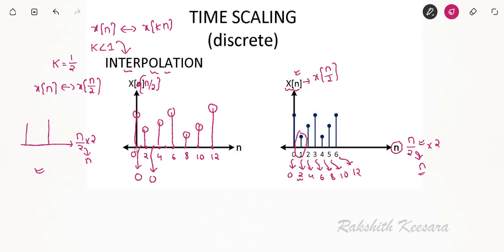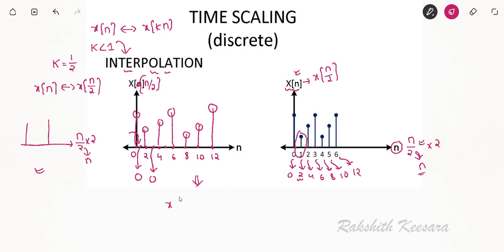Indirectly, what we are doing is inserting a 0 between two samples. Between 0 and 1, we are inserting a 0. Between 1 and 2, we are inserting a 0. Between 2 and 3, we are inserting a 0. So there is a small property here.